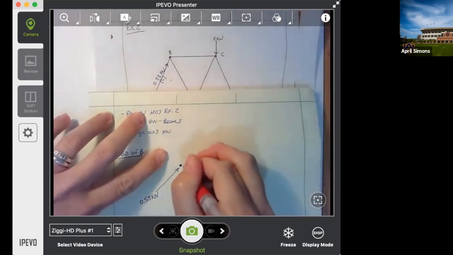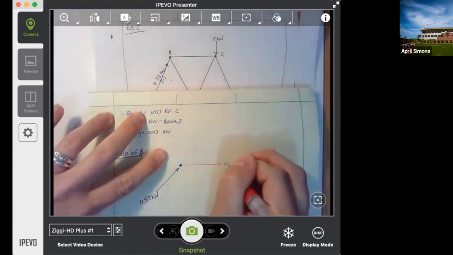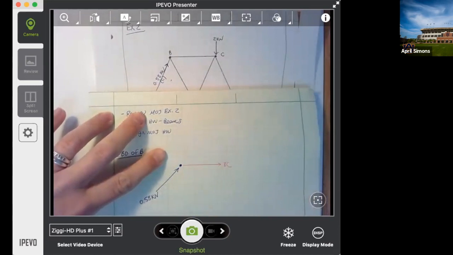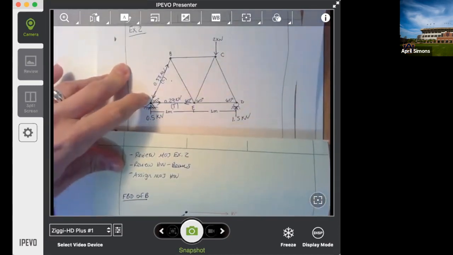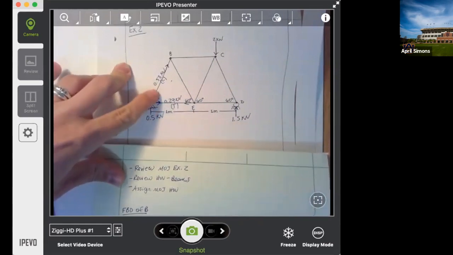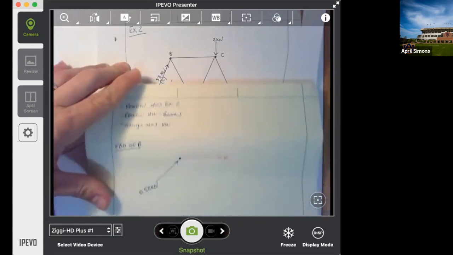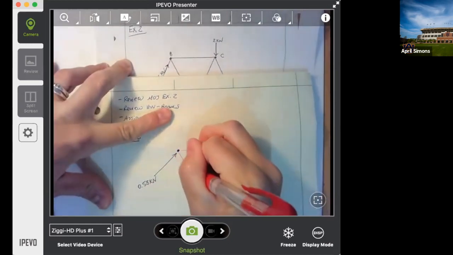So we'll draw it in tension. BC. And then we have BE, which is also unknown. Okay, BE here. So we'll draw it in tension as well.